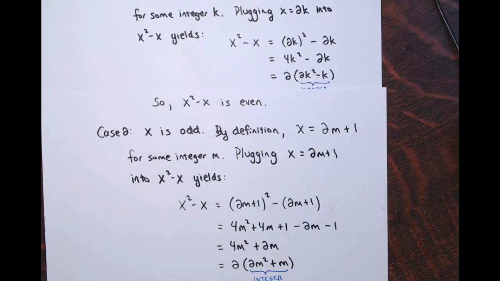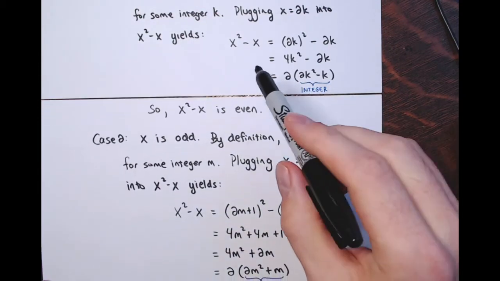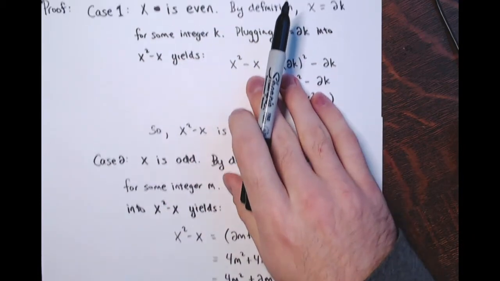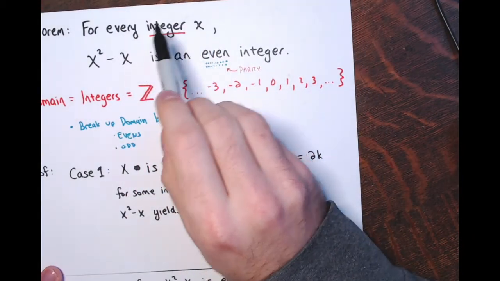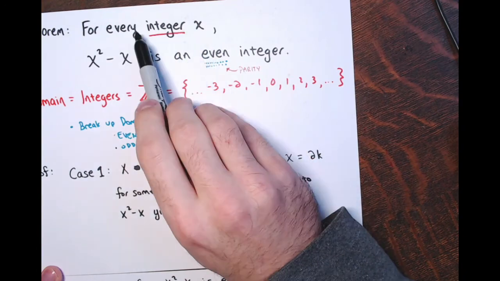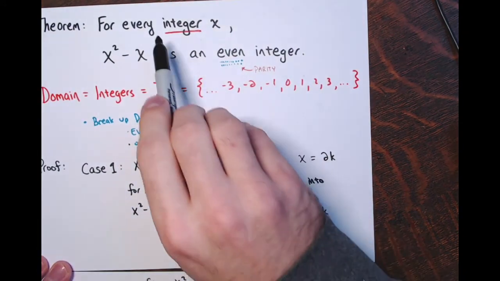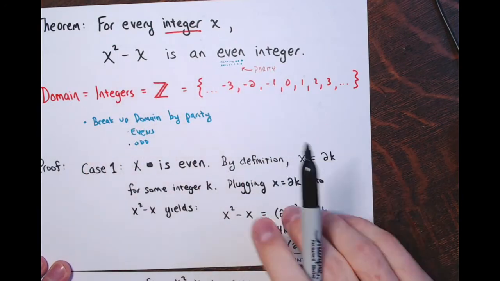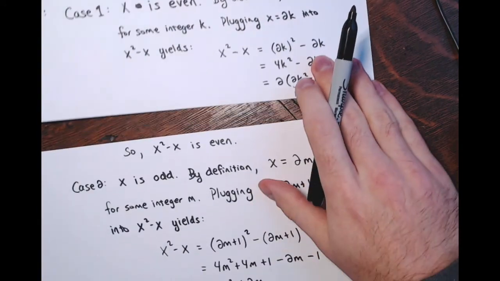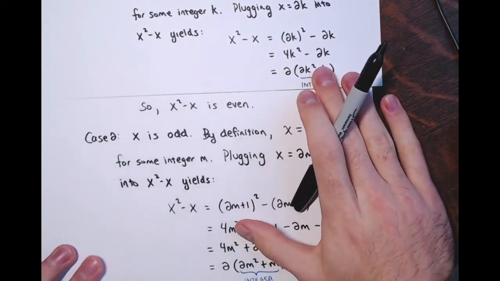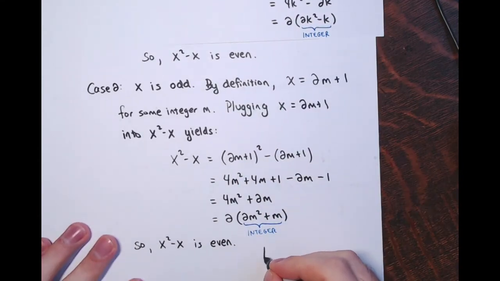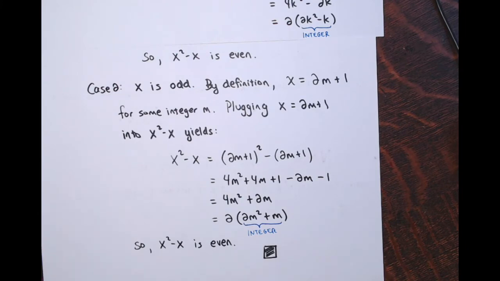Since the entire domain has been accounted for, and I have shown that for every even integer x this is even, and for every odd integer x this is even, we have shown that this theorem is true for every integer x: x squared minus x is an even integer. So I've finished all possible cases. Now the proof is complete, and I'll put the little marker to indicate that the proof is over.